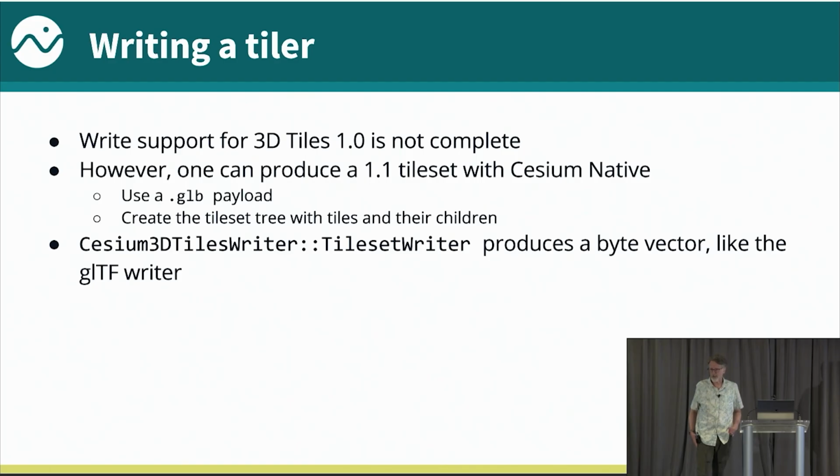But you can produce a useful 1.1 tile set because now GLB files are a valid payload for 3D tiles, and we can write those out without any problem. And you can walk whatever your model is internally to produce a tile set, and you create tiles and their children, put them in a tile set, and write them out, and it's great.